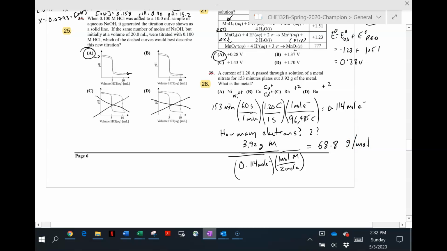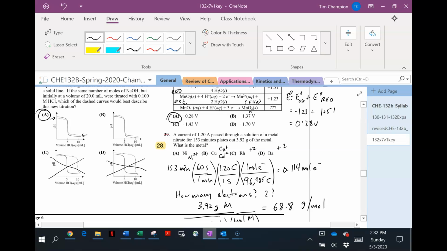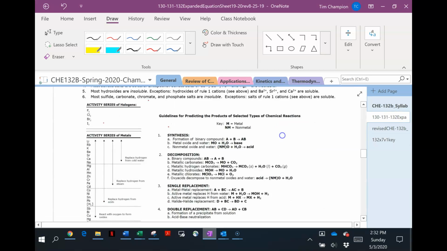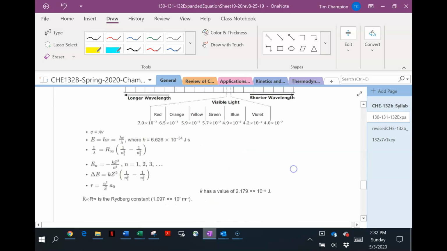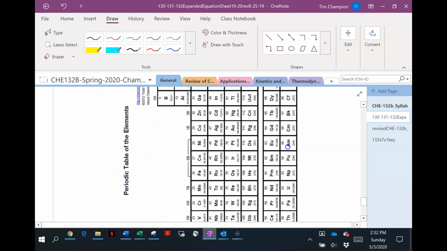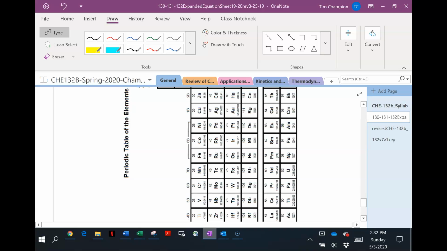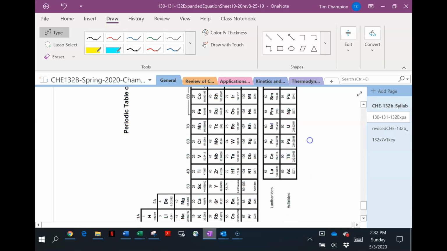So if we look at the periodic table, back to the formula sheet here, and take a look at our periodic table down here, let's look at some of our possibilities. Nickel here is 58, copper 63. What were some of our other ones? Barium, 137.